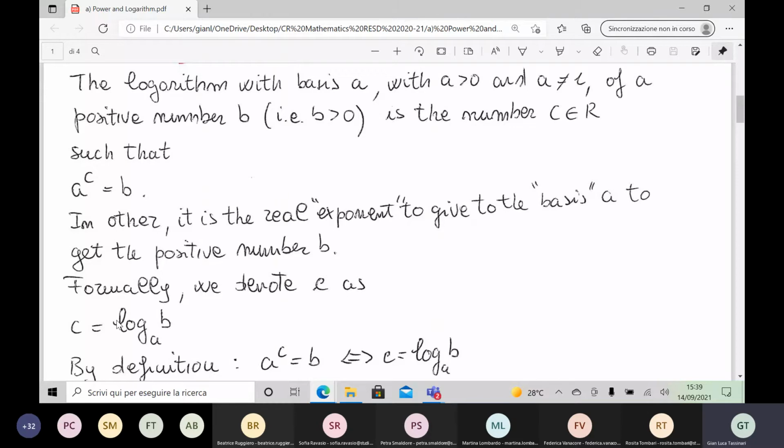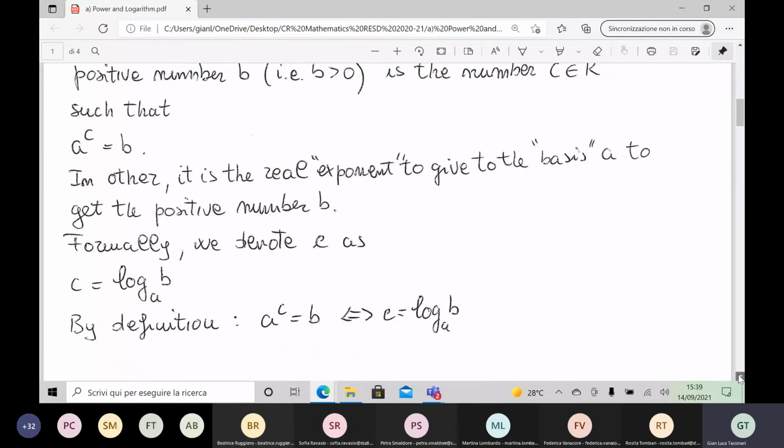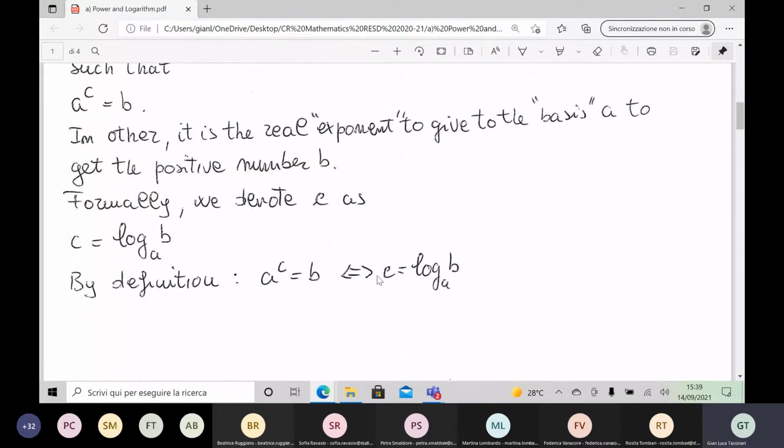For this reason, I wrote a raised to the power c equal to b if and only if c is the logarithm with basis a of b. So I repeat for the last time: c, which is the logarithm with basis a of b, is the exponent you have to give to the basis a to get b.